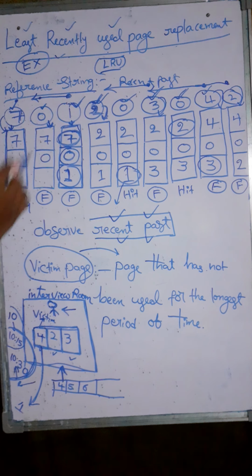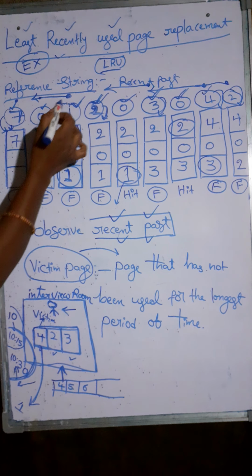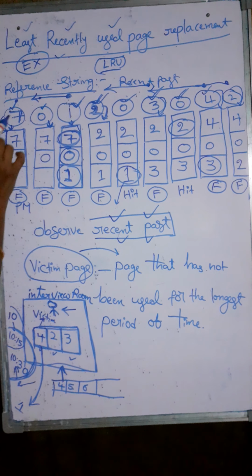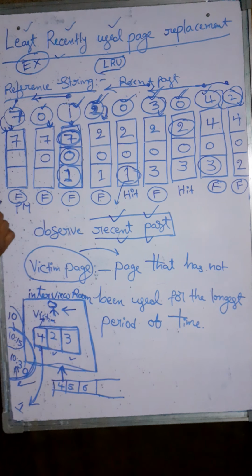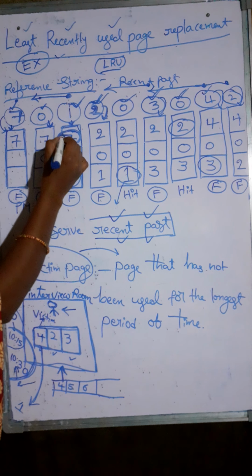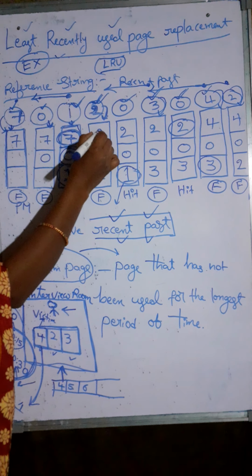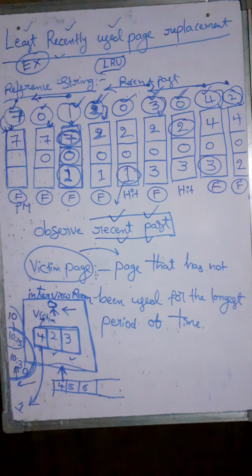In the similar way, among these three, page number 7 has not been asked for the longest period of time. 1 is asked here, 0 is asked here, and 7 is asked here. So we will choose page number 7 as the victim page, deallocate memory space of this frame, and allocate memory space for page number 2.